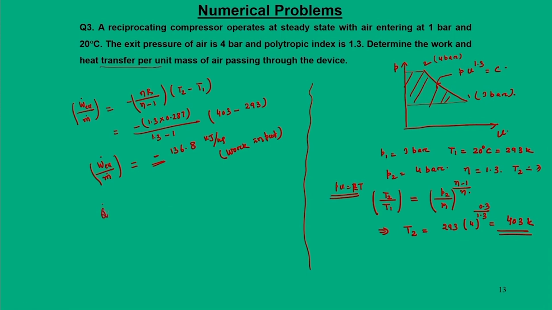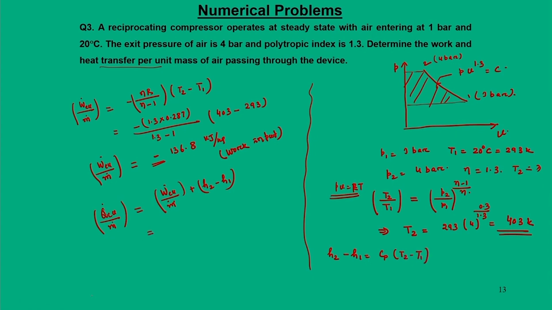So, we can recall our steady flow energy balance equation. Q dot Cv by m dot is equal to W dot Cv by m dot plus H2 minus H1, and here, since it is air, we can write H2 minus H1 is equal to Cp times T2 minus T1. Okay.